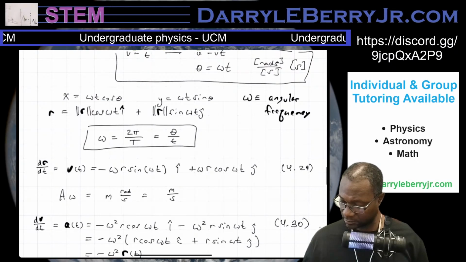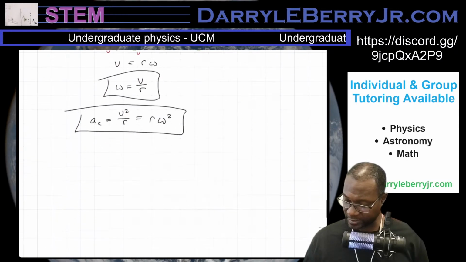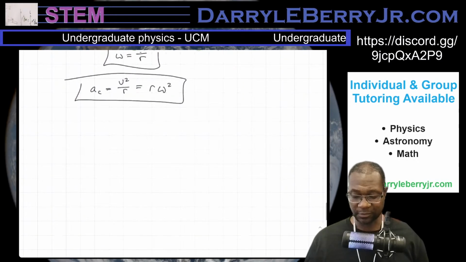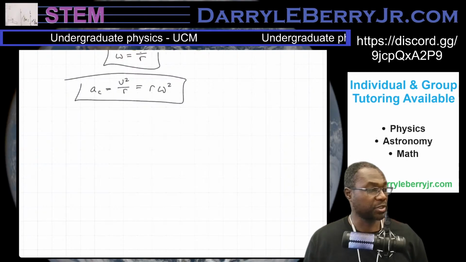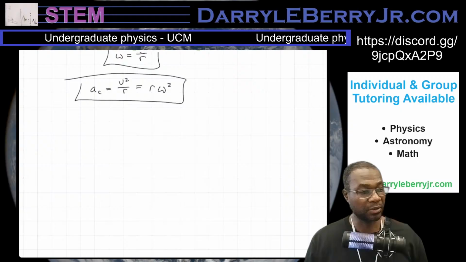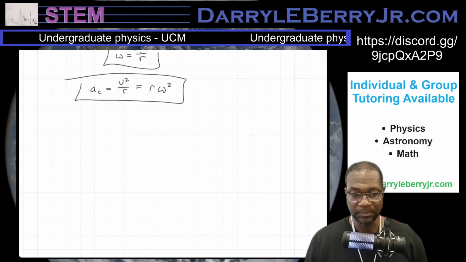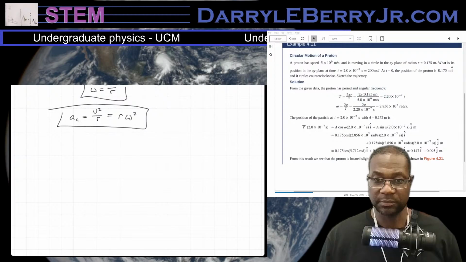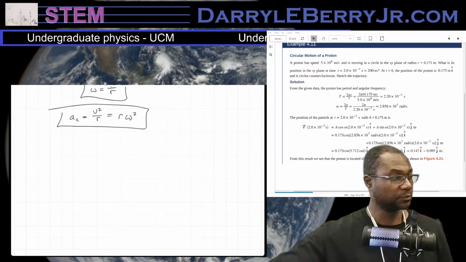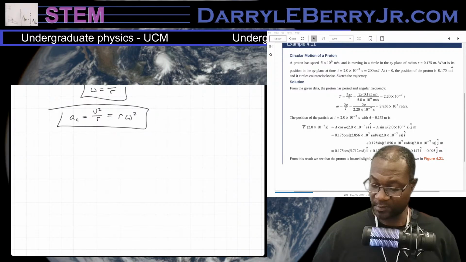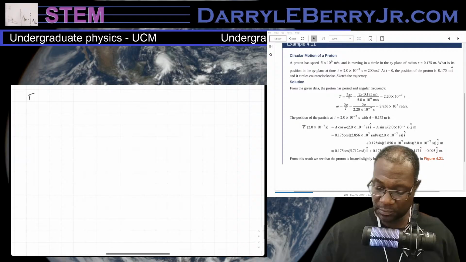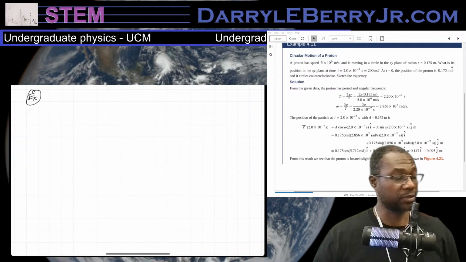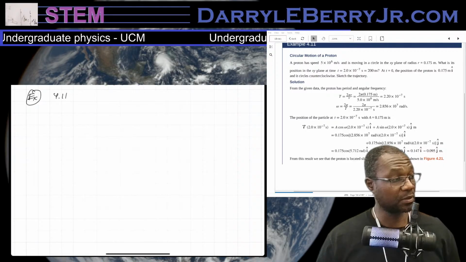Angular frequency is the rate at which the angle is changing in time. So let's see what we have. Circular motion of a proton. For example, 4.11.